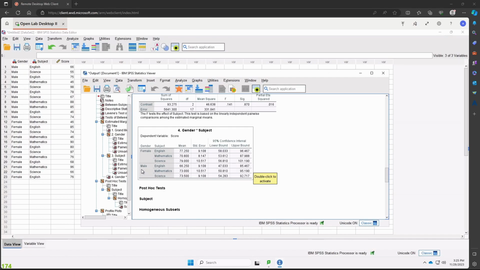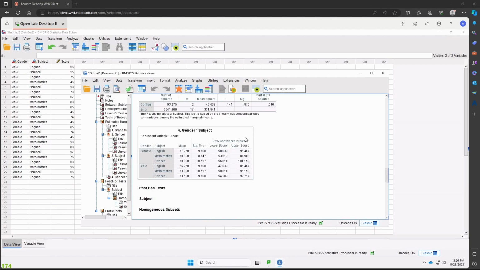And when male times science, we get 73.500 for the mean. And we can tell that science has the highest mean, then English and mathematics, and the lowest is mathematics. And for male, we have science the highest.